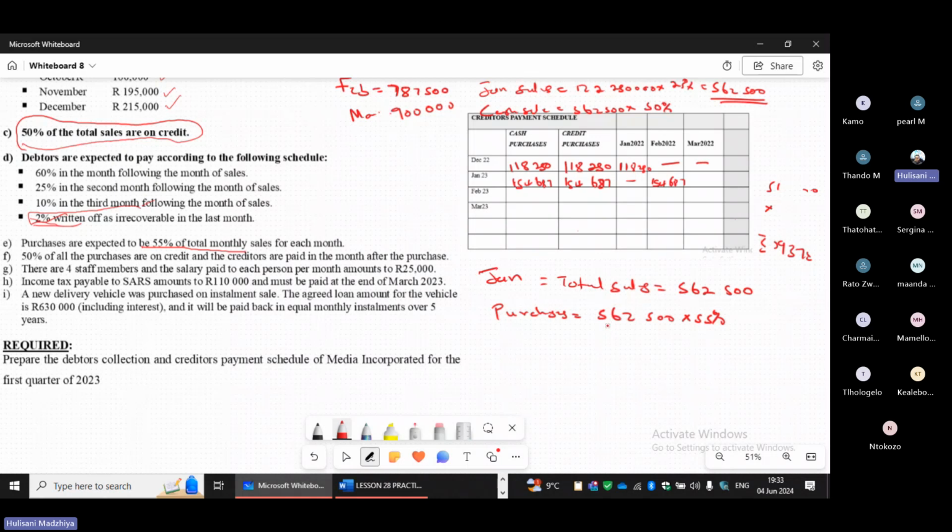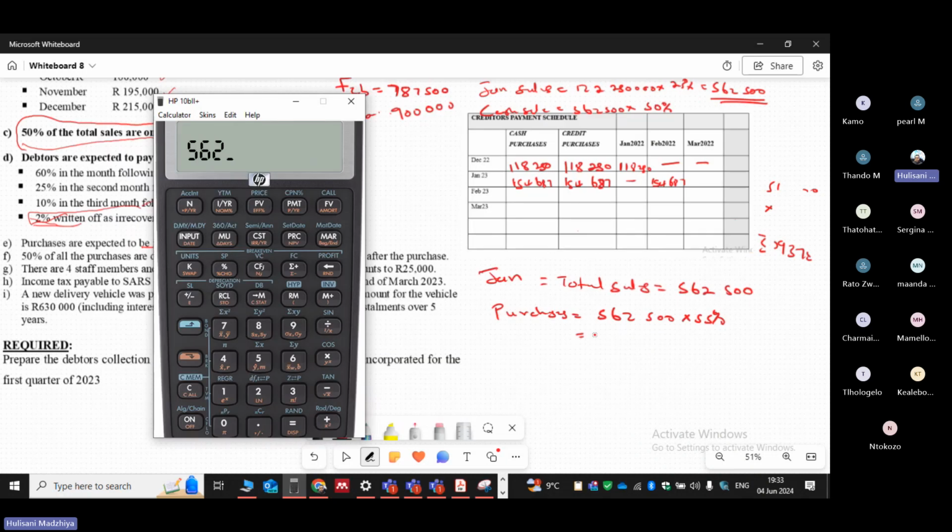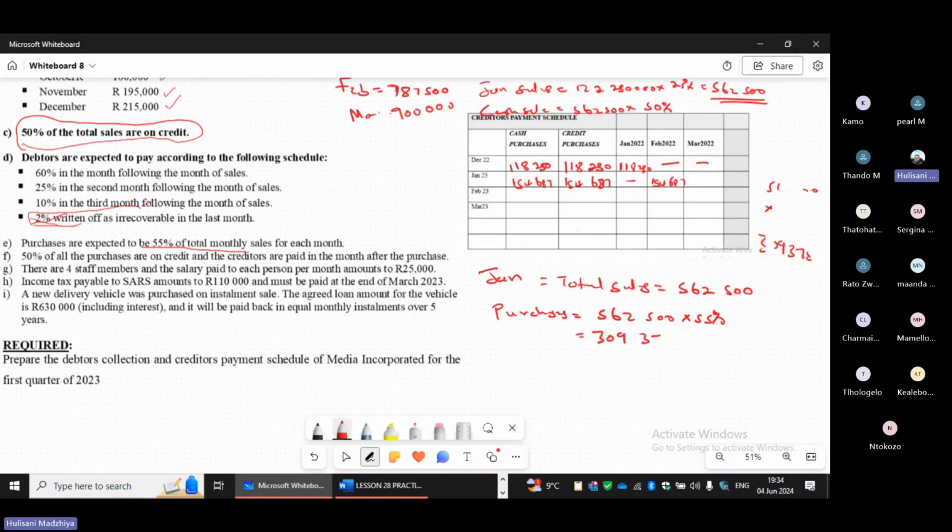So the sales for January are 562,500, and to calculate the purchases of that month, we need 55% of the sales of January. So the purchases for January will be 562,500 multiplied by 55%, where I'm just converting the 55% into a decimal. That will give us 309,370.